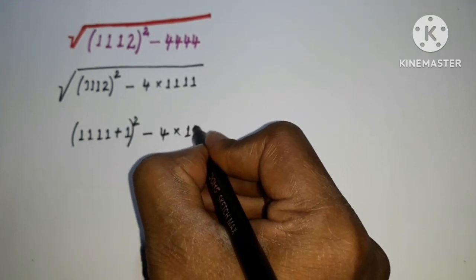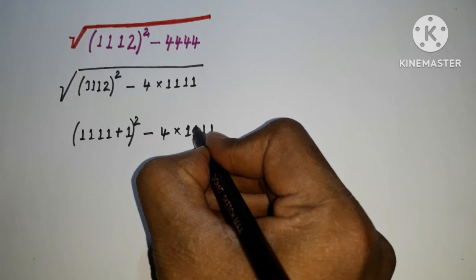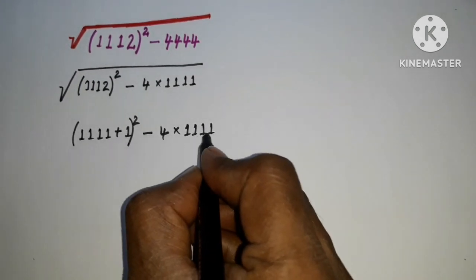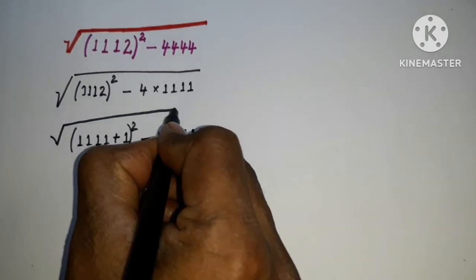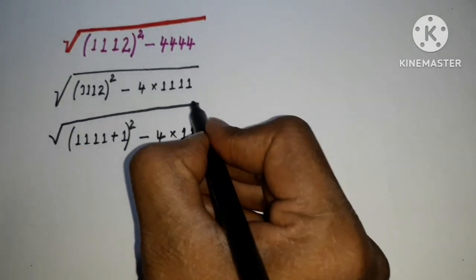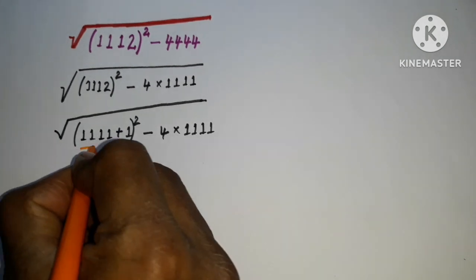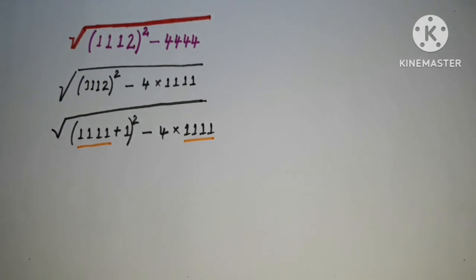Now you can easily see we have a common thing. That common thing is 1111, which you can see here and here.